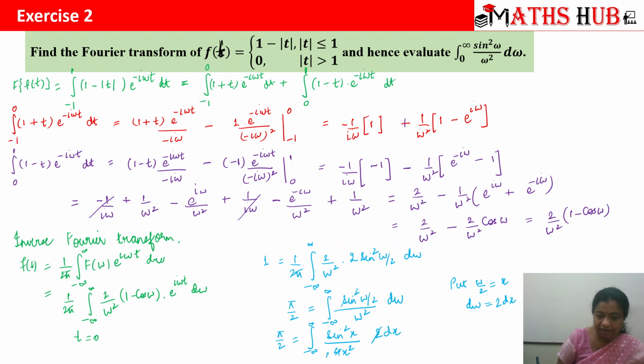So 2 and 2 will get cancelled, right? So this 2 will move up. So we will get minus infinity to infinity sine square x by x square dx is equal to, right? But this is again an even function, so you can make it twice, and then the final answer to this integral will become pi by 2. Right? So I hope you understood this question also.